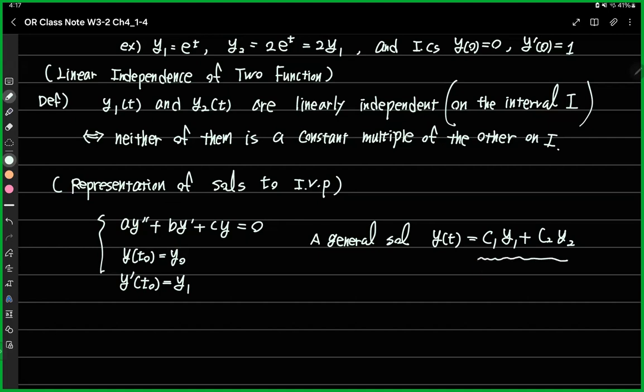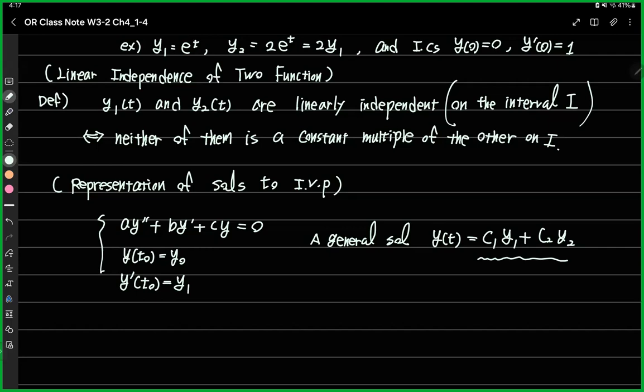That's the representation theorem of the initial value problem. So two solutions y1, y2 of this differential equation that are linearly independent, then C1 y1 plus C2 y2 must be the unique solution of that initial value problem. That's the representation of the solution, or you can say the representation theorem.